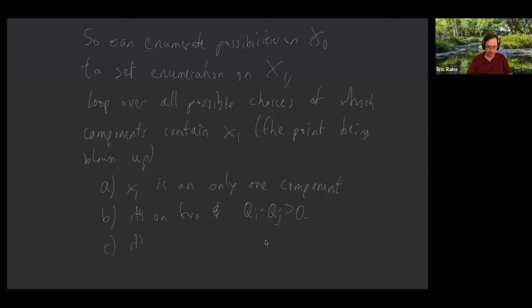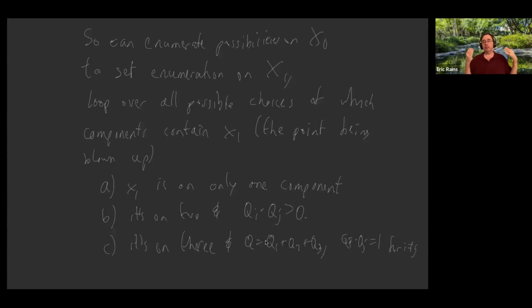And then the third possibility is that it's on 3, and Q actually splits up as 3 components, any 2 of which meet in a single point. There are actually, in general, going to be several different ways that arises, but we get that.